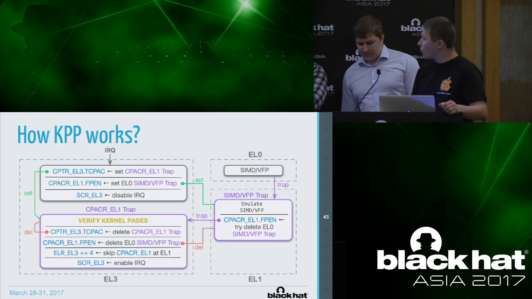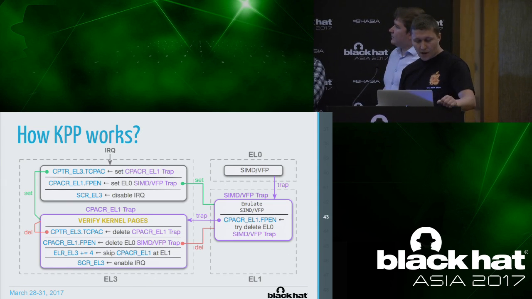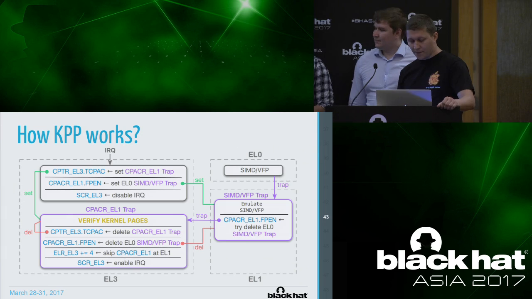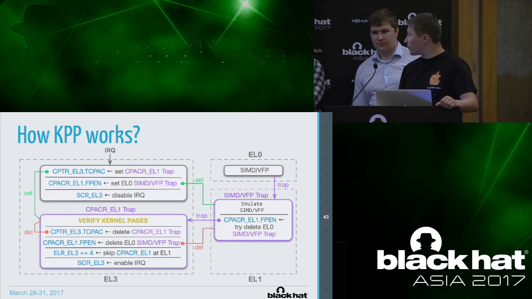It all starts with an interrupt. The interrupt handler sets the CPACR access trap on EL1, and then it sets the SIMD floating point register instruction trap for EL0. Then it disables interrupts to prevent going to this handler again. Then on exception level 0, when a SIMD or floating point instruction is executed, the trap is triggered, where the kernel emulates the floating point or SIMD instruction, and then it tries to remove the SIMD trap by changing the CPACR register.